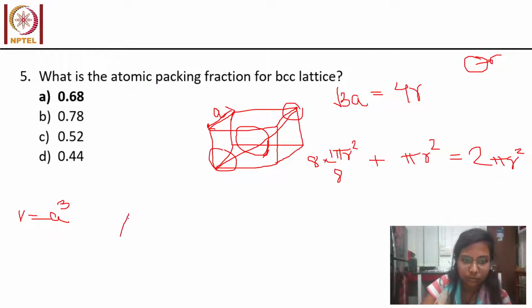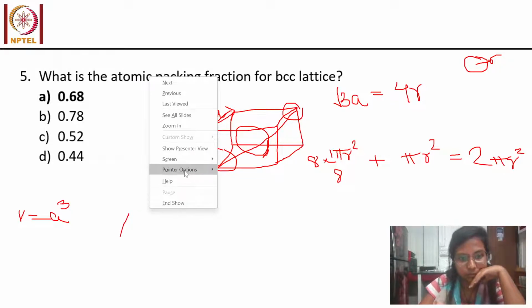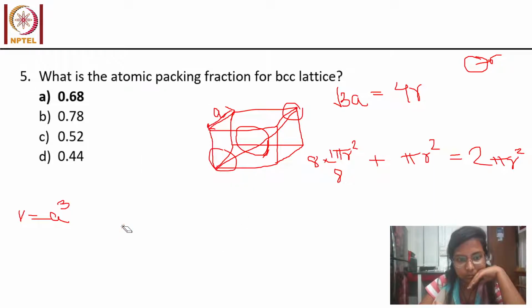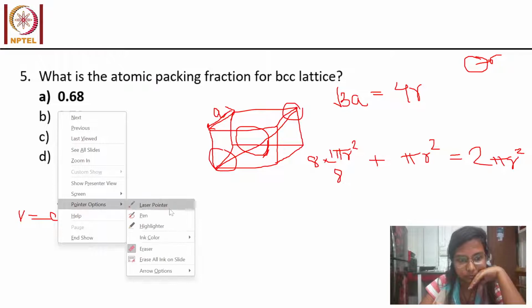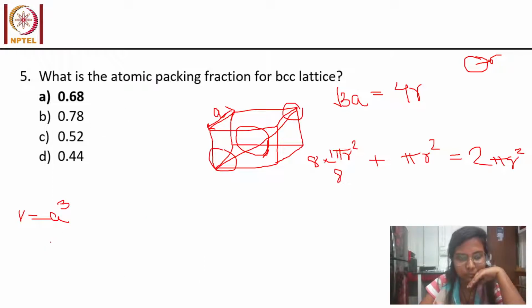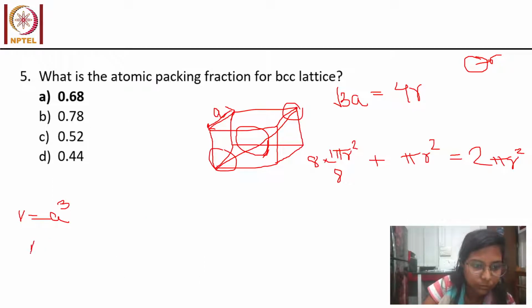So what is my atomic packing factor? This is 2 pi r square divided by a cube with this relation.